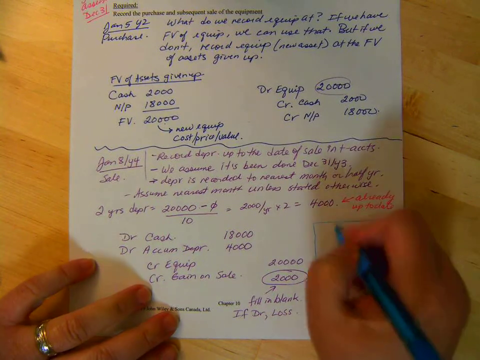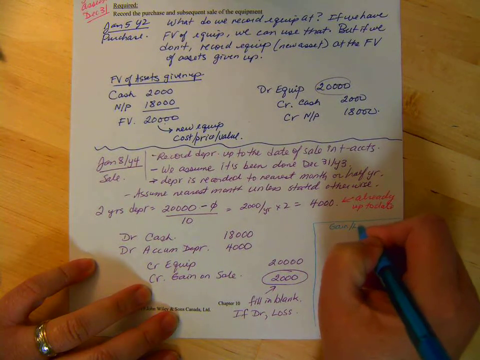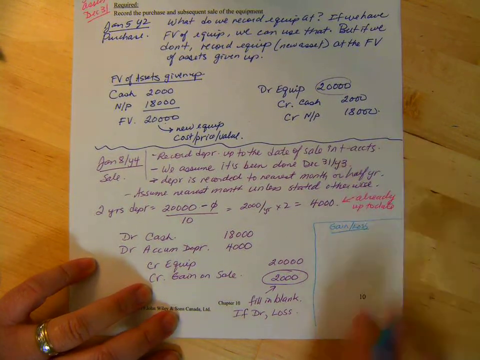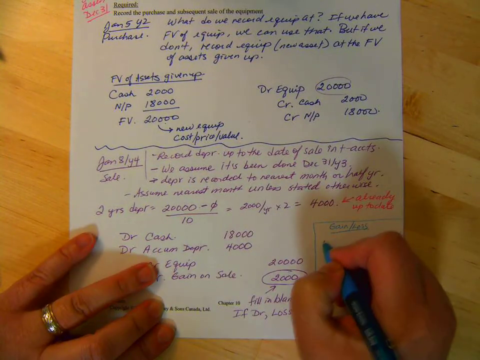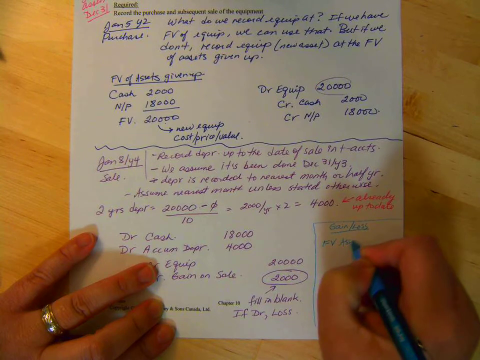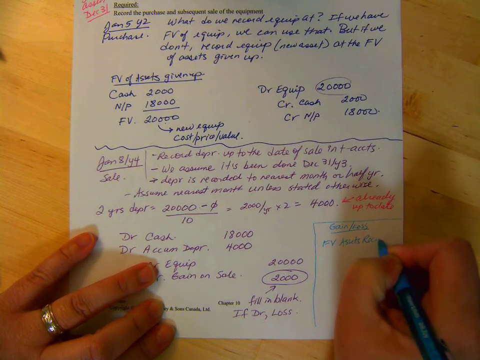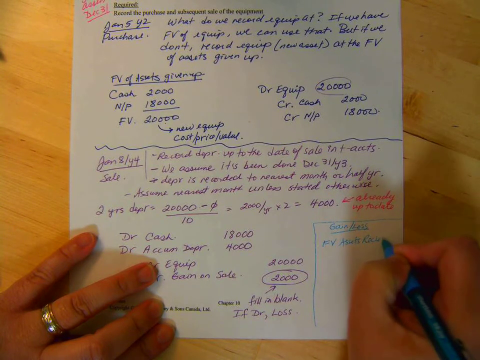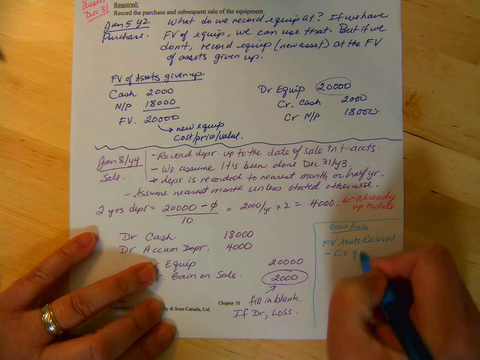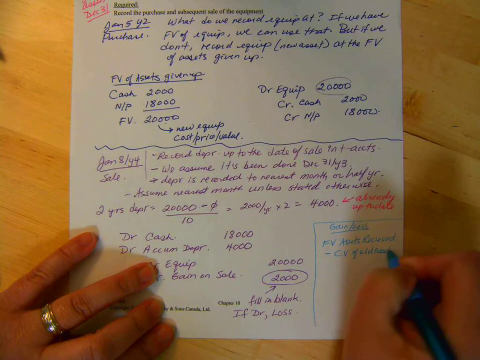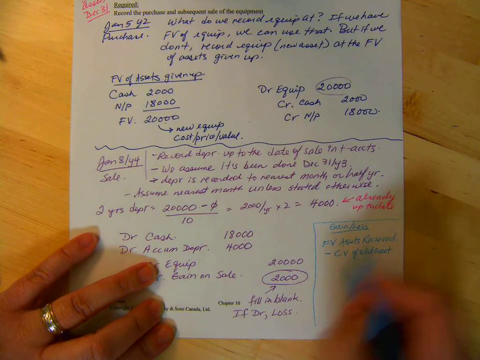Okay, a more formal way of thinking of the gain or the loss calculation, although this works all the time. Fair value of assets received minus the carrying value of the old asset, which is exactly what we're doing by filling in the blank.